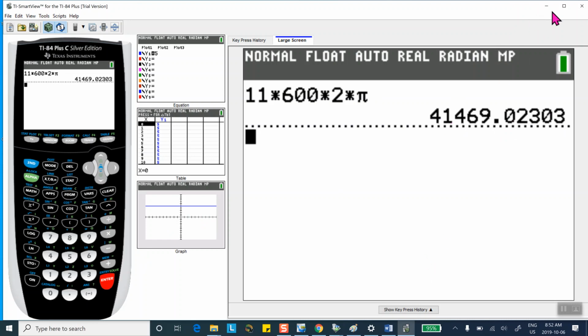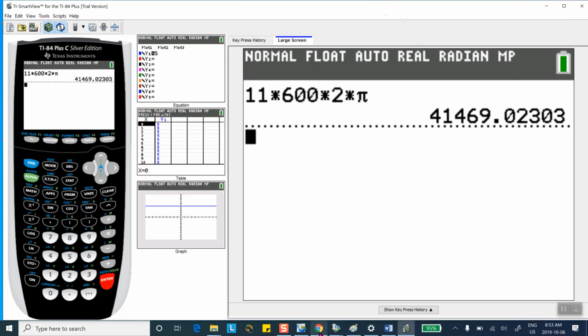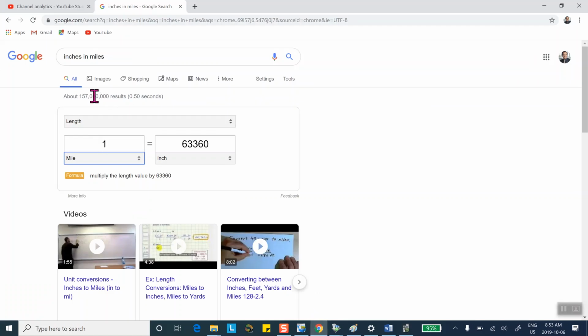Now, let's go ahead and find out what the conversion factors are. If we go to Google and type in inches per mile, 1 mile is 63360 inches.